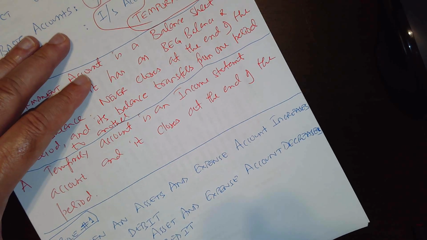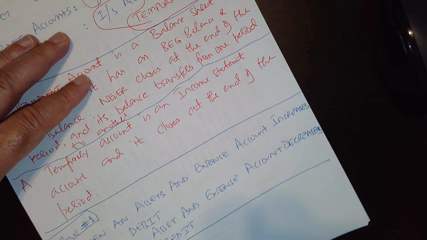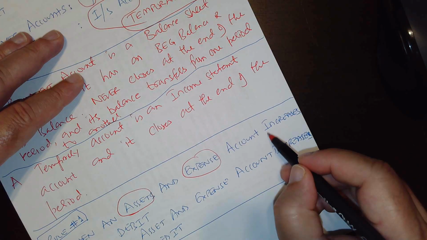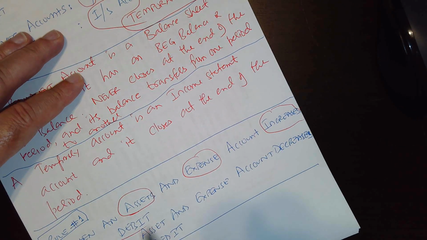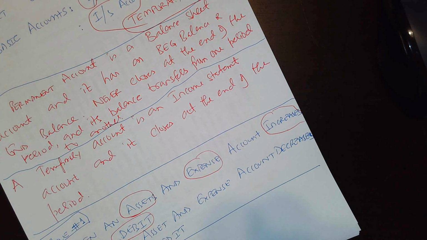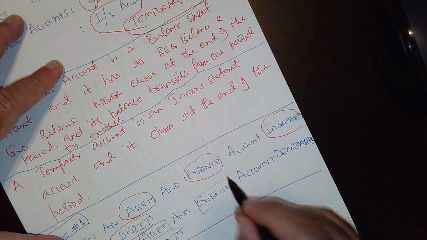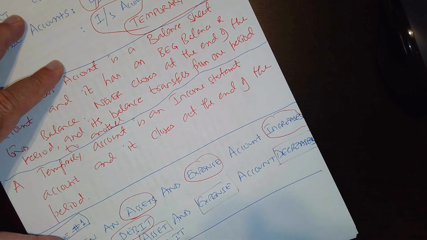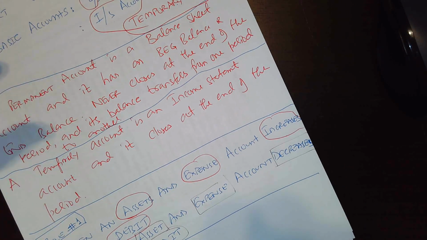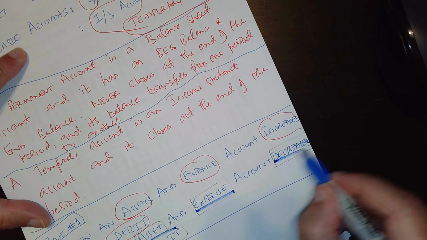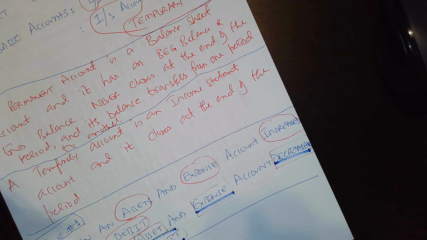Okay, so when an asset and expense account increases, we debit. When an asset and expense account decreases, we credit. Okay, so this is the idea.